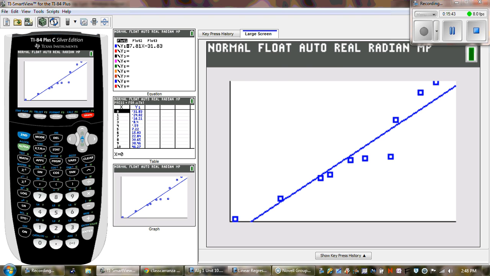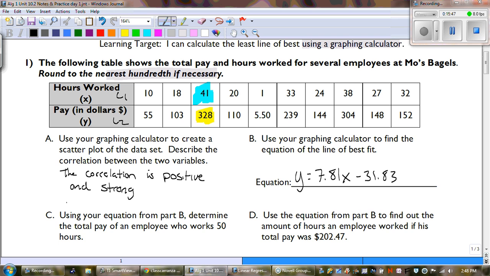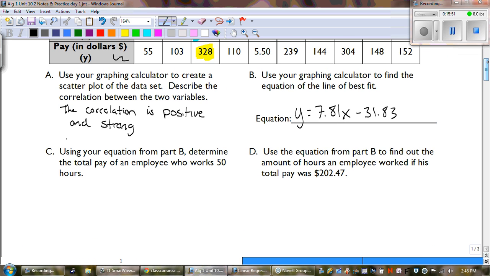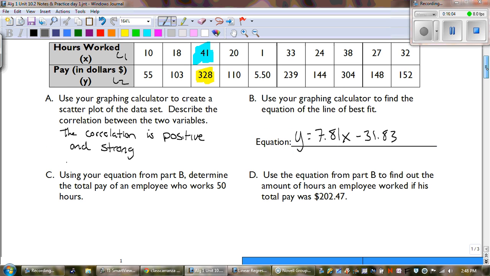Okay, so let's look to see what question C is asking us for. It says, using your equation from part B, determine the total pay of an employee who works 50 hours. So that means that I need to know what X and Y are. So X was our hours worked.